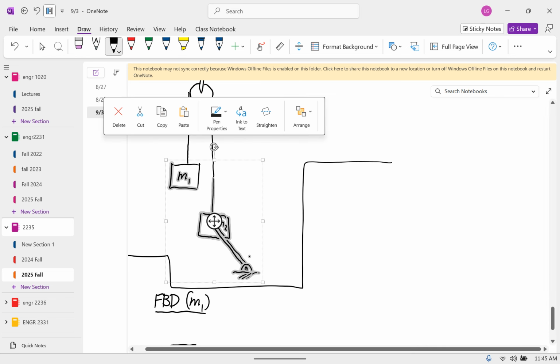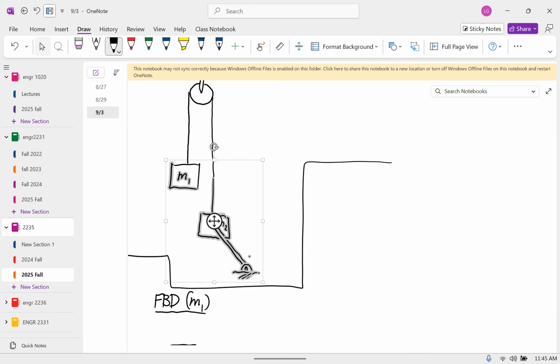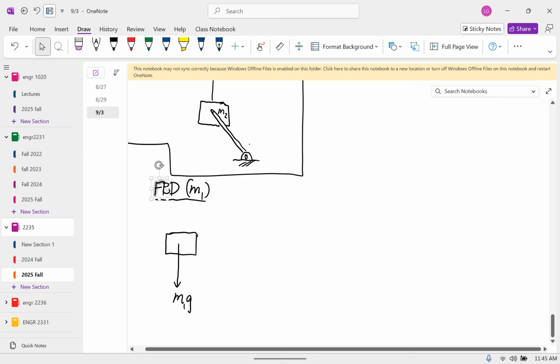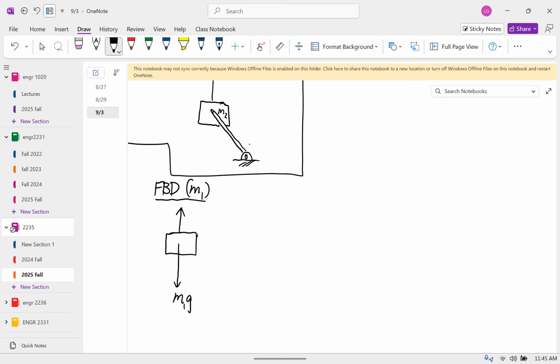And then the cable applies a force parallel to the cable away from the body. And I'll call this T. So that's it for that one. And then a free body diagram of M2.